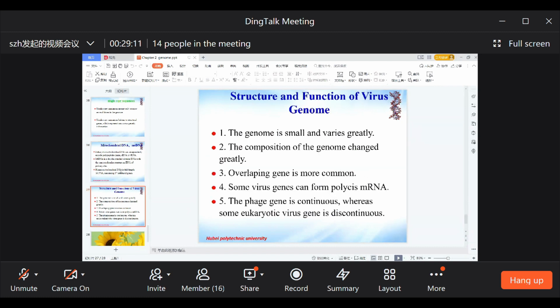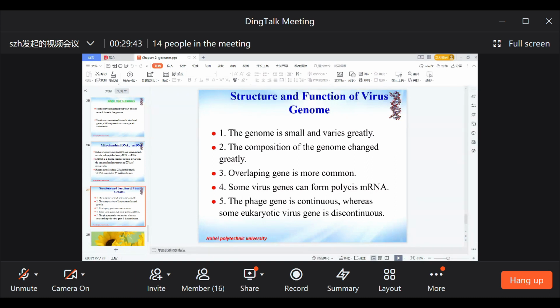And last, here for the structure and the function of the viral genome, we summarize 5 facets. The genome is small and varies greatly. Always the host, if it is a eukaryotic organism, the structure may be larger.